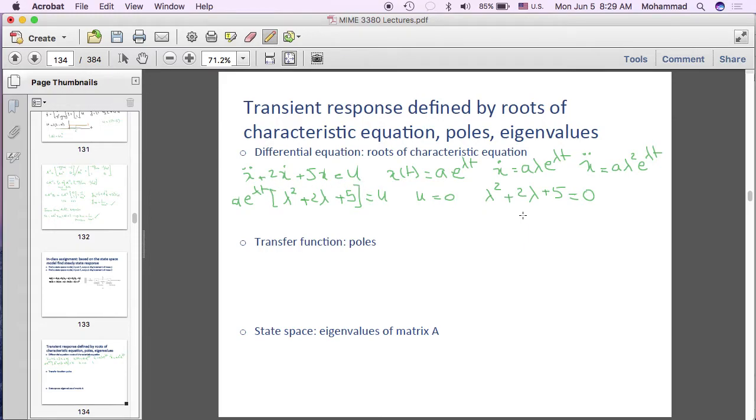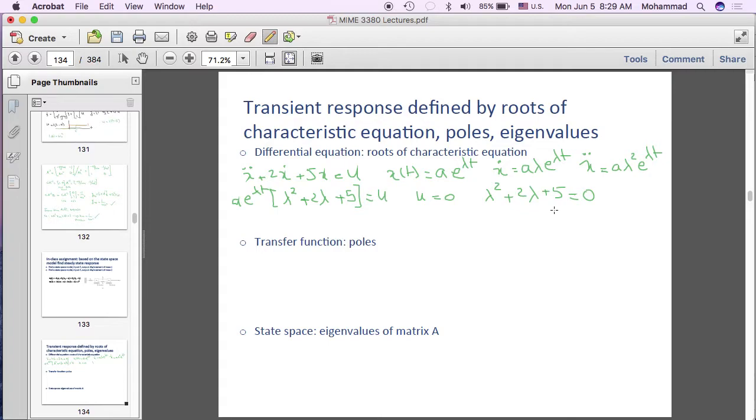So double dot, lambda squared. Dot, lambda. Where there is no dot, lambda doesn't appear. So that's the characteristic equation. Now, you can find the roots of this characteristic equation. How? Basically, you're finding values of lambda that make this equal to 0. This is a second order polynomial, so set it equal to 0 and find the roots. You get the idea, right?